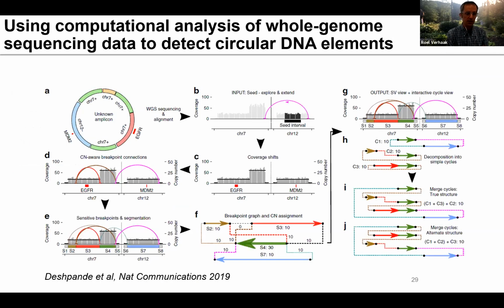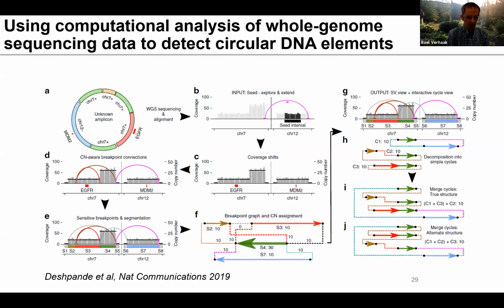Now, as I described before, we were able to use computational analysis of whole genome sequencing data to detect and predict essentially circular DNA elements. Vineet Bafna, who is a collaborator and a professor at UC San Diego, used that concept and developed the AmpliconArchitect tool.